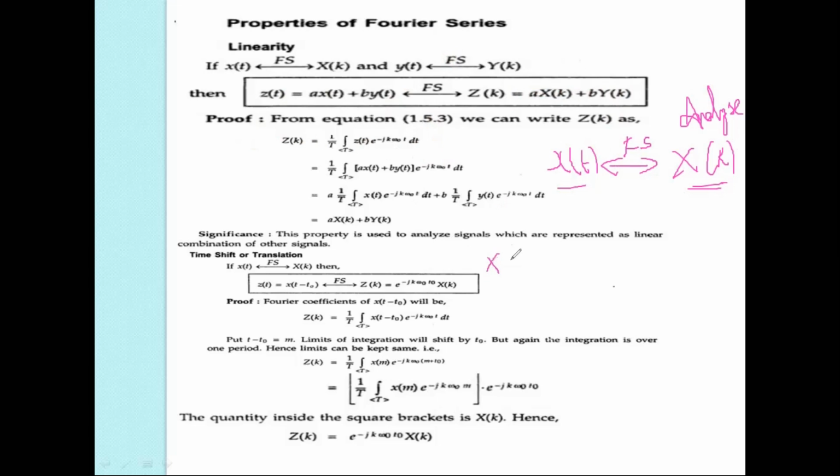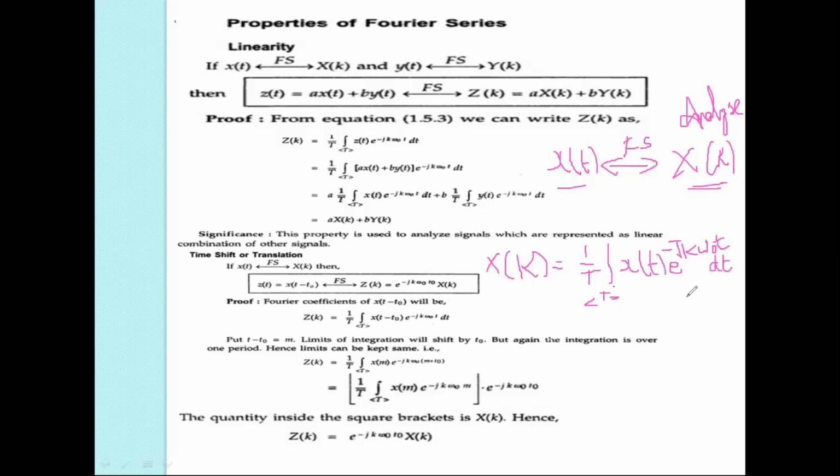X of k is equal to 1 by T, the integral over T, x of t as a signal, times the negative exponential e power minus j k omega naught t dt.